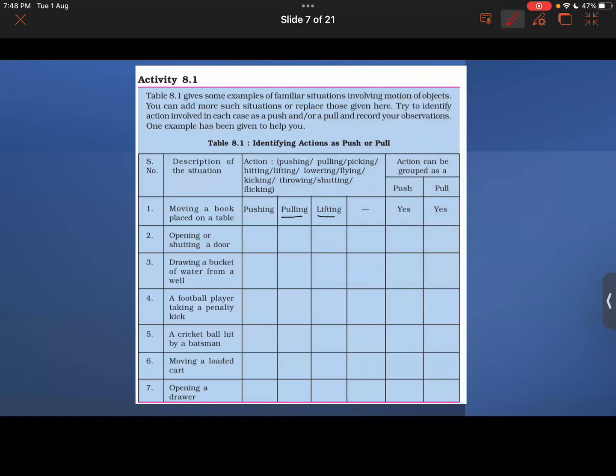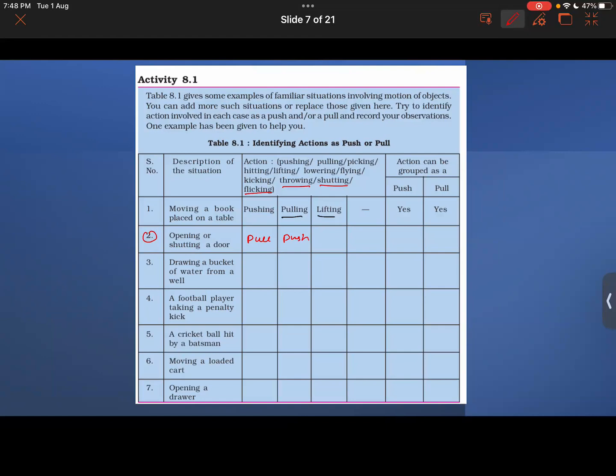The first one: opening or shutting a door. What different actions are required here? For opening a door, you have to pull, and for shutting a door, you have to push.